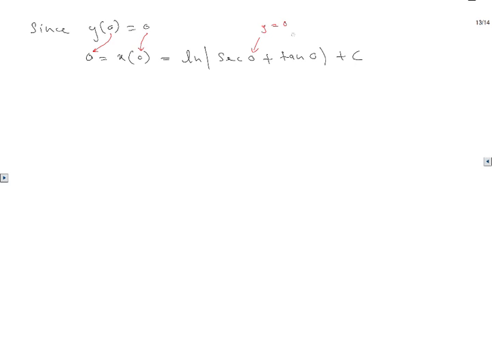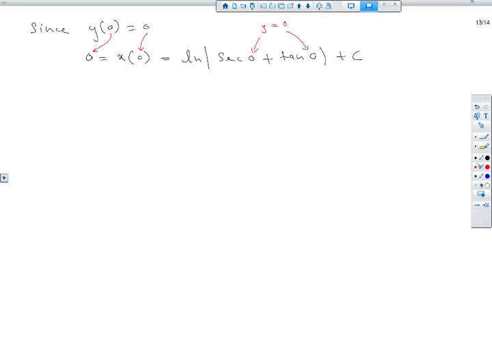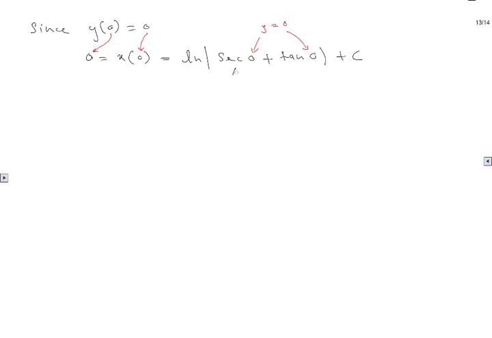Now if you evaluate this, what is secant 0 equal to? Secant 0 equals 1, tan 0 equals 0. So that means you're going to get ln 1 plus c. How much is ln 1? ln 1 equals 0. So you're going to get c equal 0.